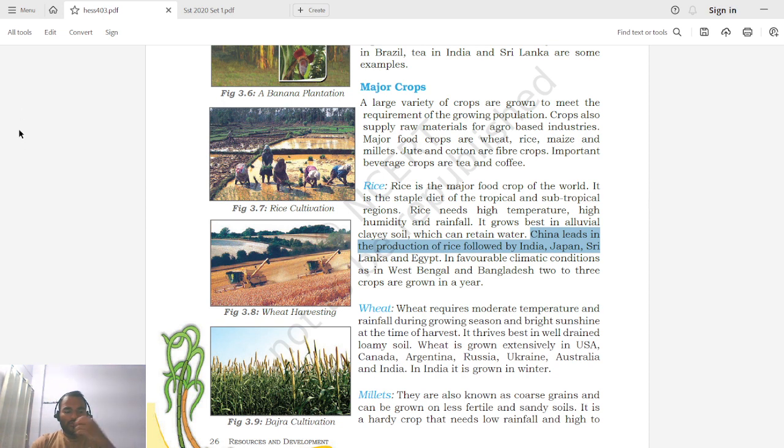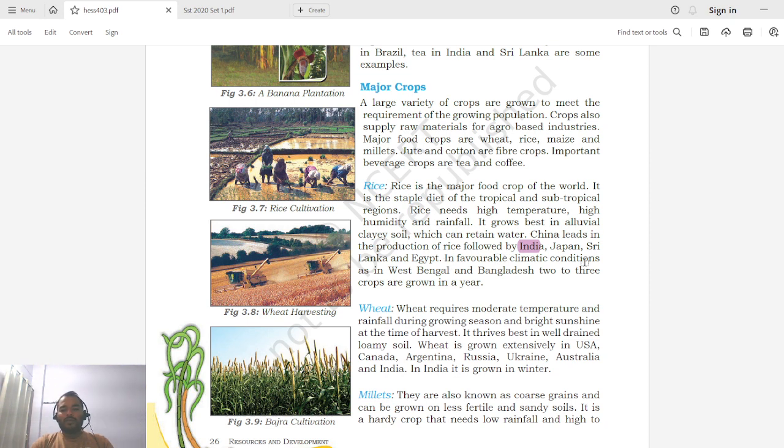India stands second after China, and we hope that someday, due to favorable agricultural practices or other reasons, we may increase the production. Followed by India is Japan. Japan is an island country with very little land available, but still they are major producers of rice, and after that are Sri Lanka and Egypt.